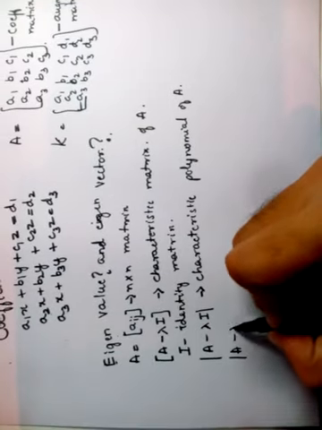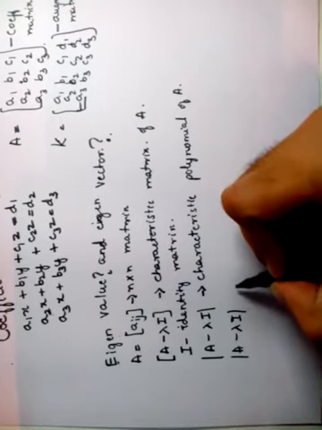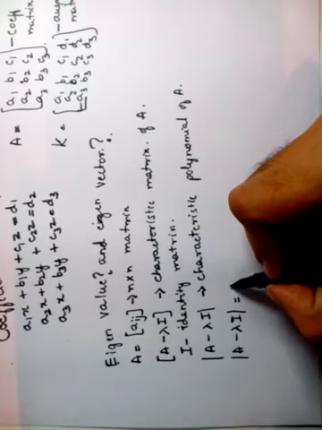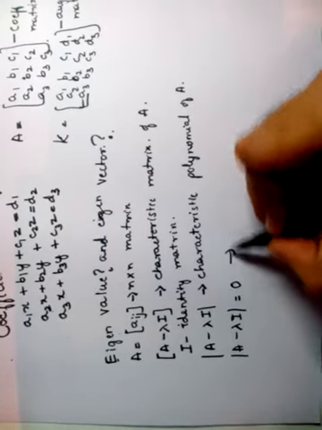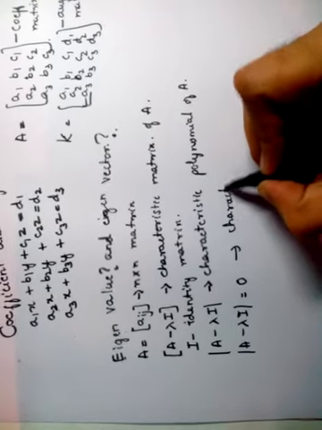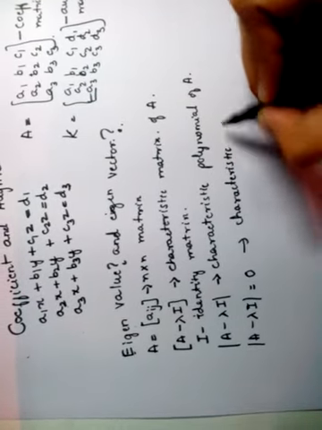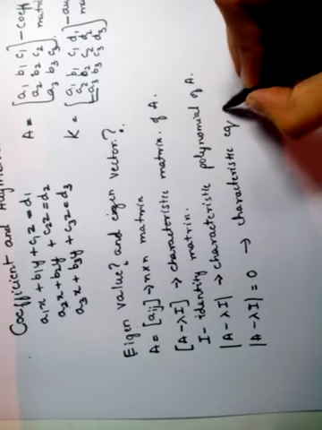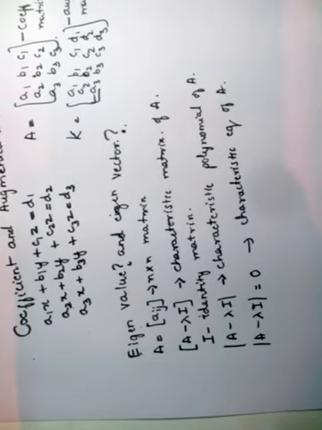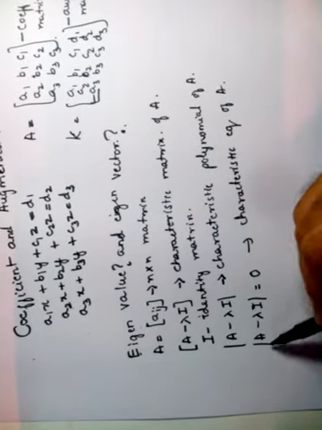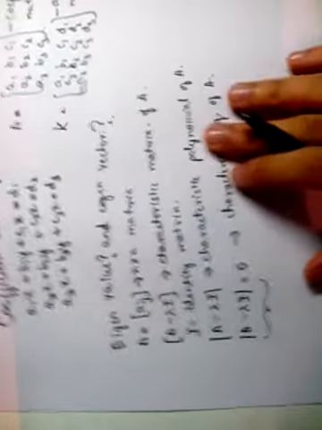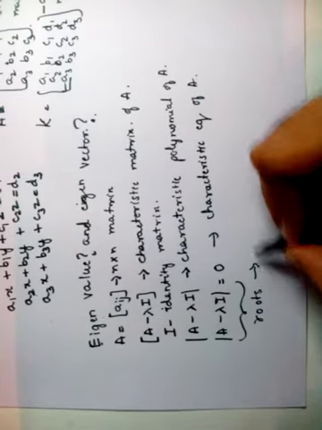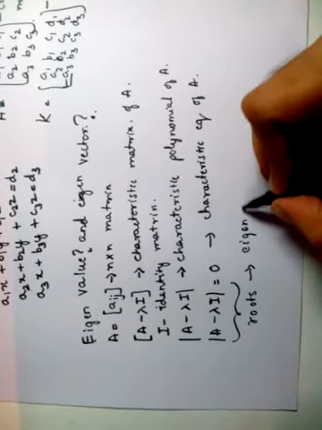Again, the equation determinant of A minus lambda I is equal to 0 is the characteristic equation of A, and the roots from this equation are the eigenvalues.